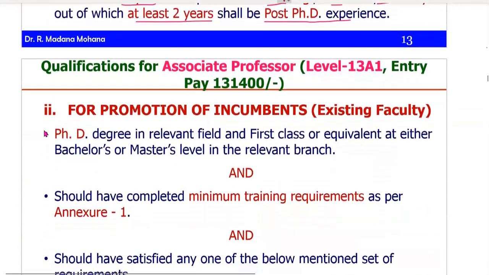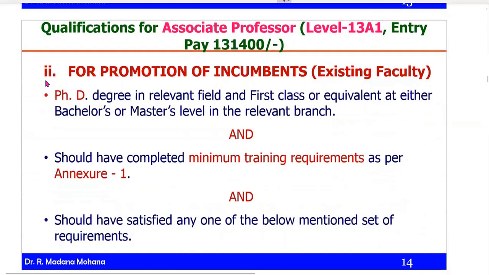So then in associate professor level, the second category is promotion of incumbents, means existing position faculty. For promotion of incumbents, that is with existing positions.